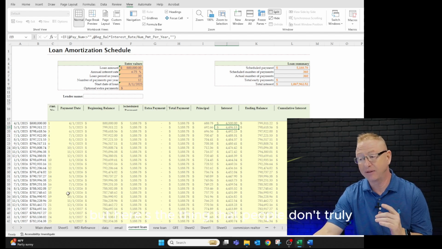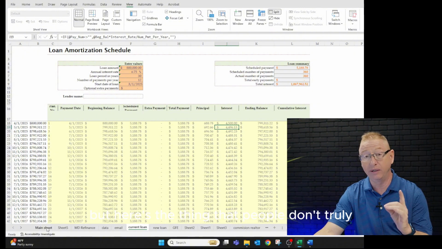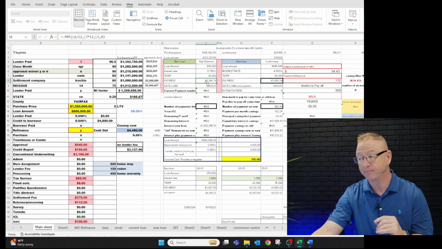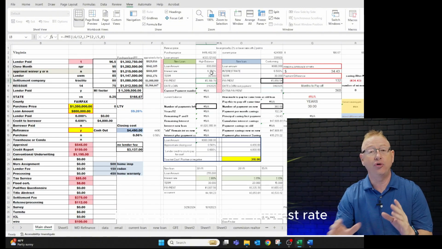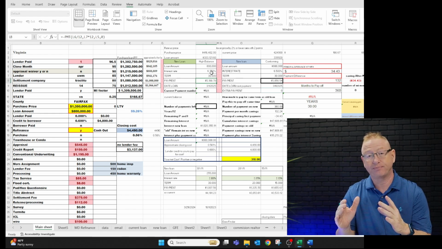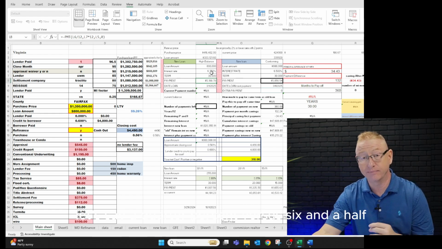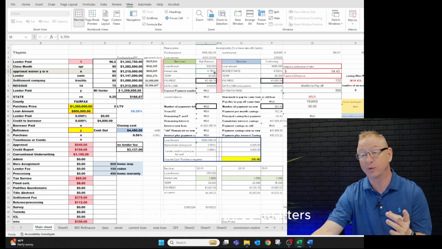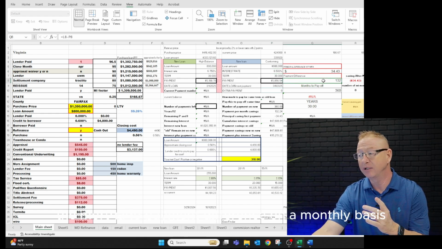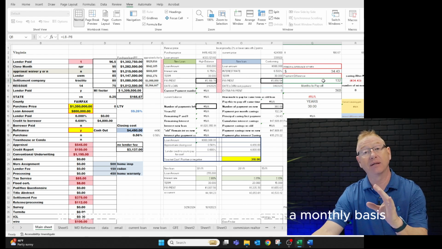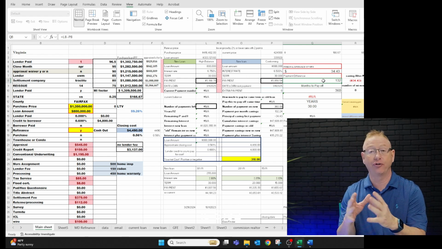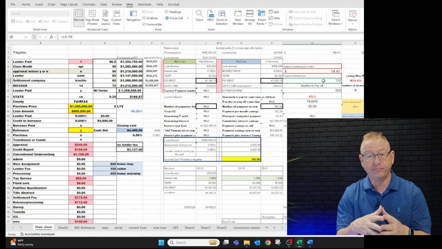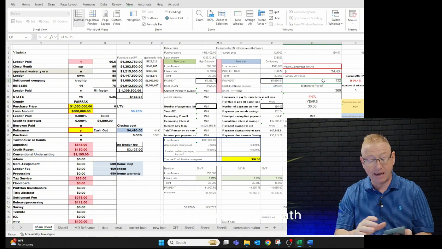But here's the thing that people don't truly understand. If you can get a lower interest rate, let's say 1/4% lower, 6.5 versus 6 3/4, the mortgage payment difference on a monthly basis is $132. Let's do some simple math.